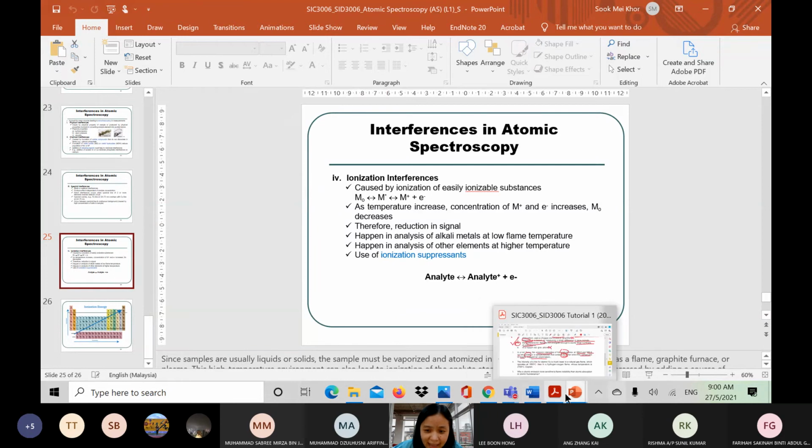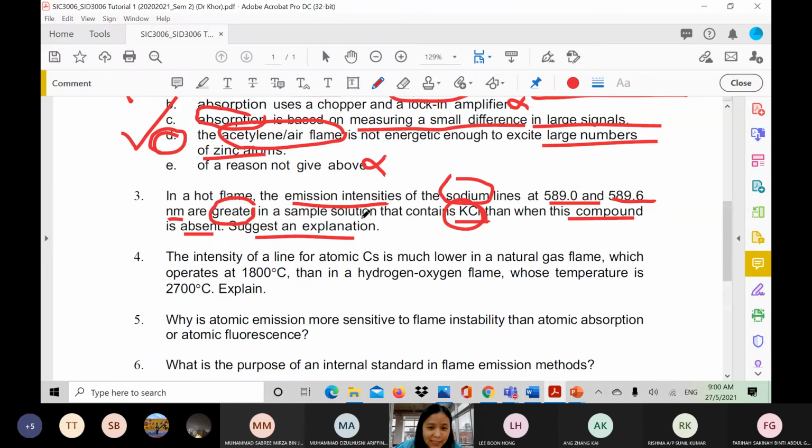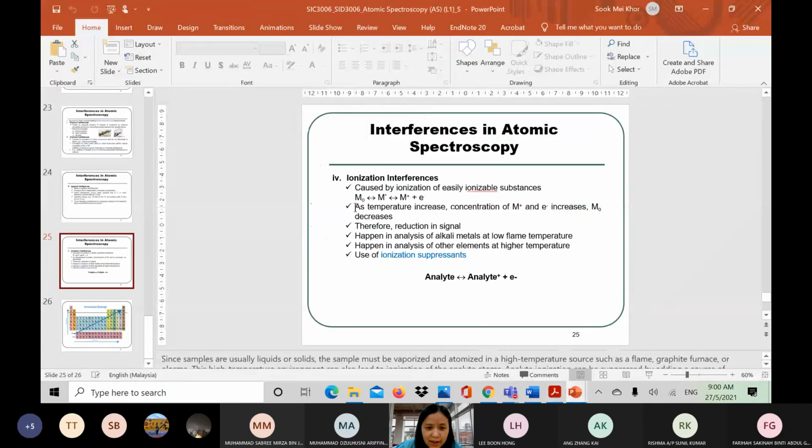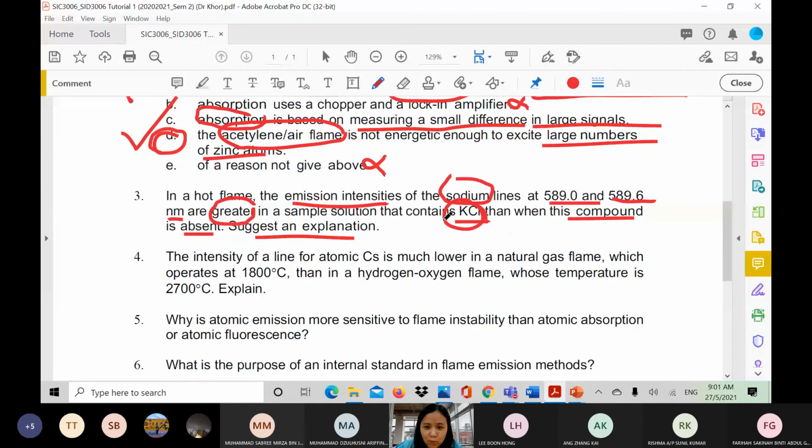Because in AAS, AES, and AFS, what we want to measure is the neutral, unexcited or excited atom, not the ionized form. So the answer is that when we add potassium, we suppress the ionization of sodium.